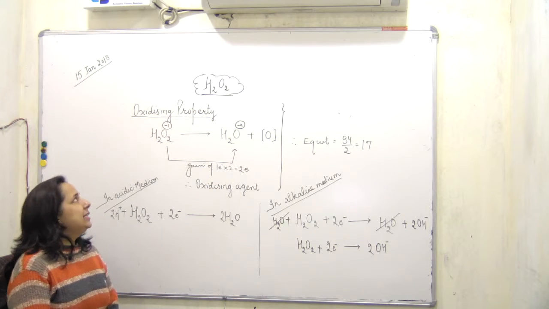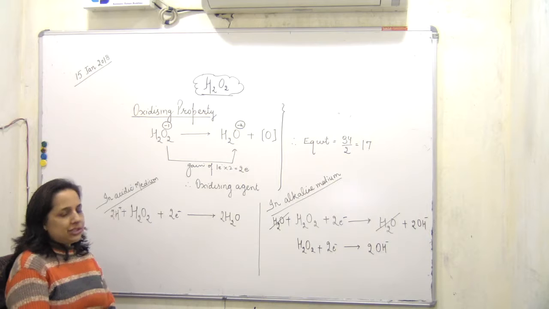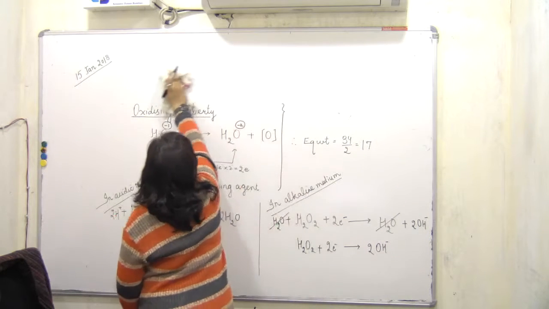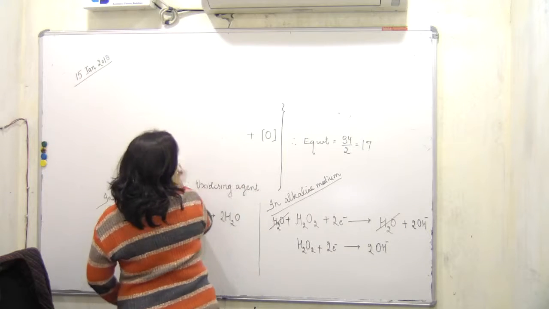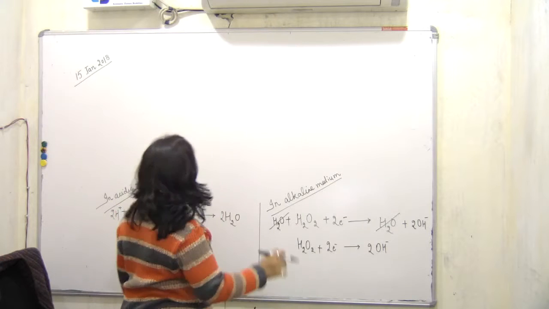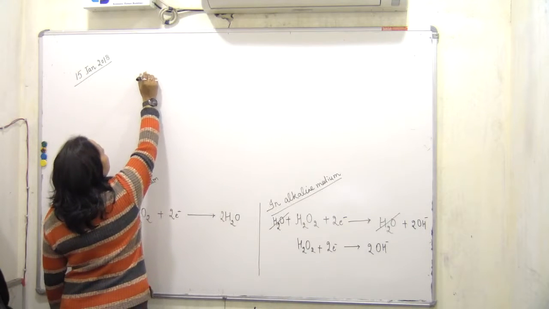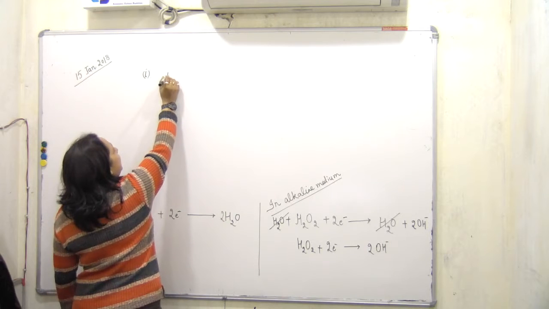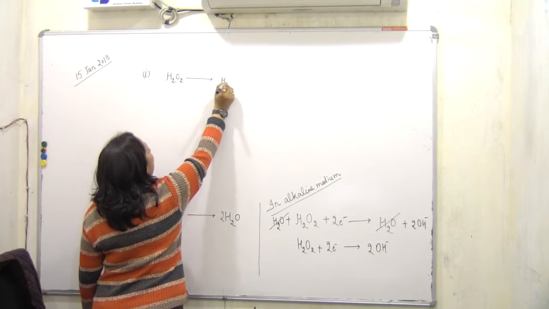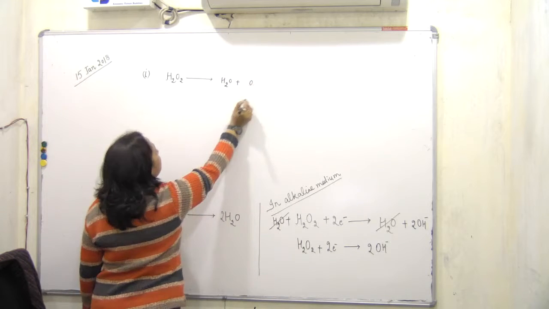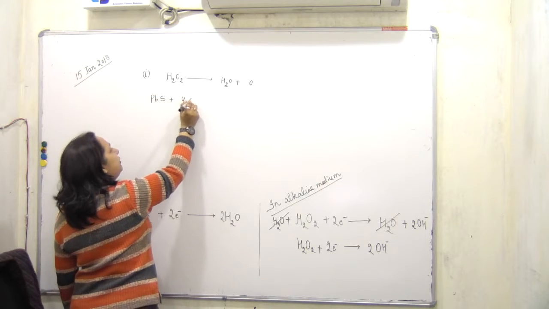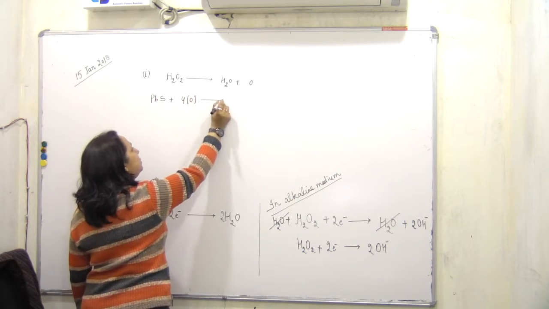Now, if it is an oxidizing agent, we must know how to write the reactions in which the oxidizing property of hydrogen peroxide is visible. For that, let us suppose the first is hydrogen peroxide gives water plus nascent oxygen, and PbS is going to react with 4 nascent oxygens to give us PbSO4.